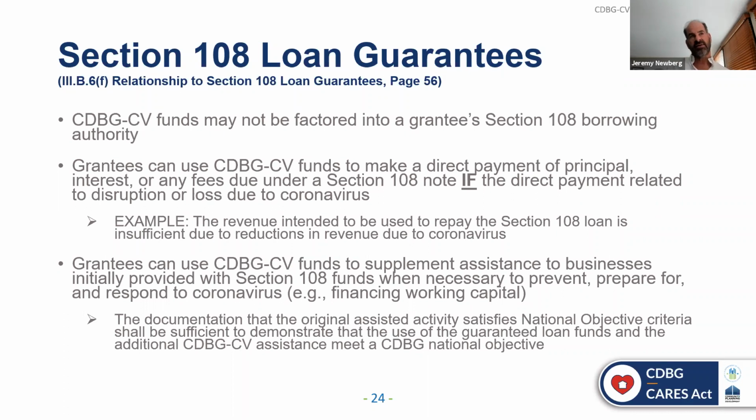So what HUD is trying to do is recognize that some Section 108 projects suffered disruption or loss due to COVID, and you have some flexibility to deploy CDBG-CV to get them back on a sounder financial footing. Next.